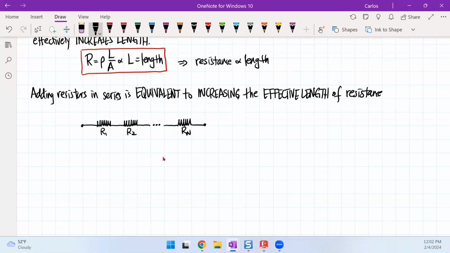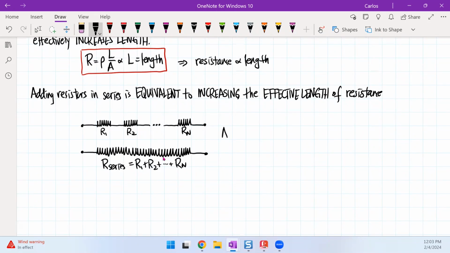So the effective length, by adding them in series, I effectively create one resistor that's longer. So in other words, these series resistors are equivalent to adding all of the resistors into a longer resistance.